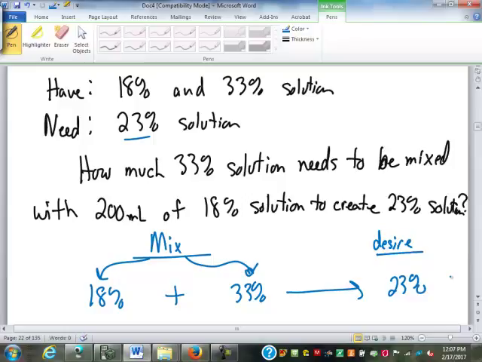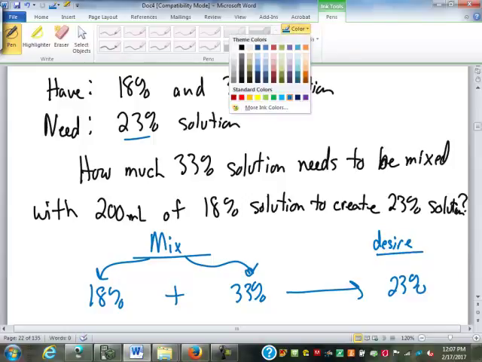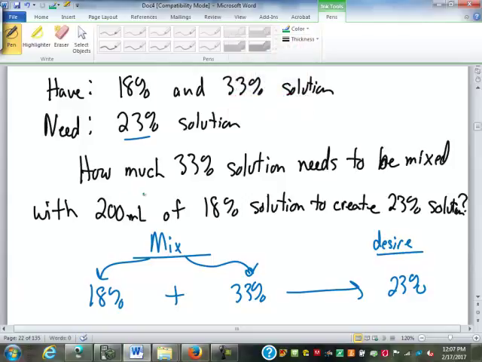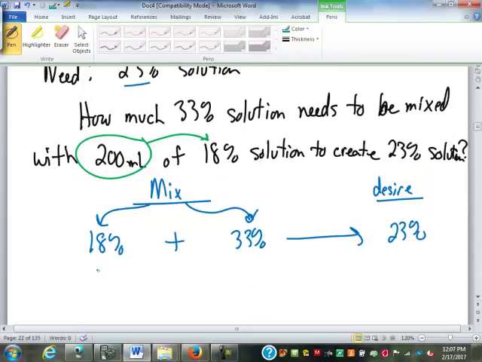So we have all three of the percents here. We know 200 milliliters is the only amount we know. That describes the 18%. So there's 200 milliliters of the 18%. We're asked to find how much of the 33%. So I'm going to let the amount of the 33% be x.